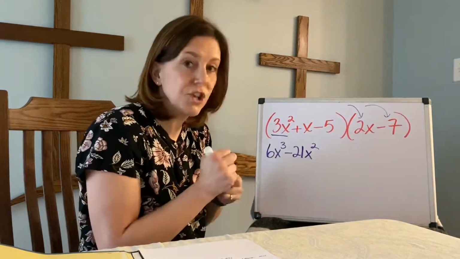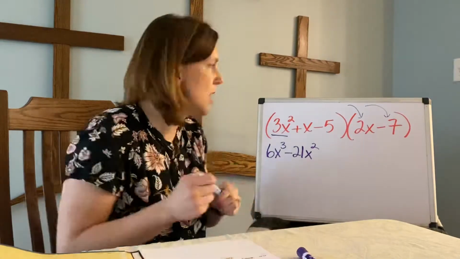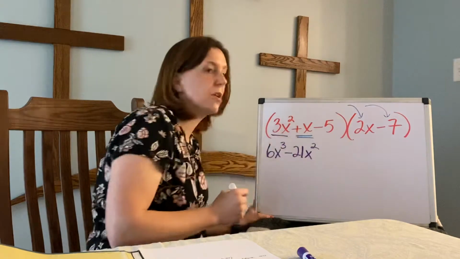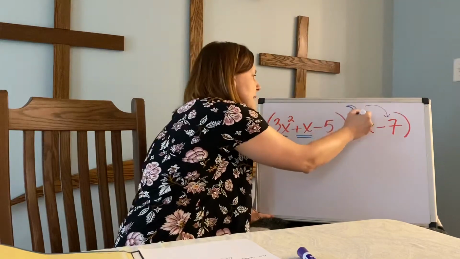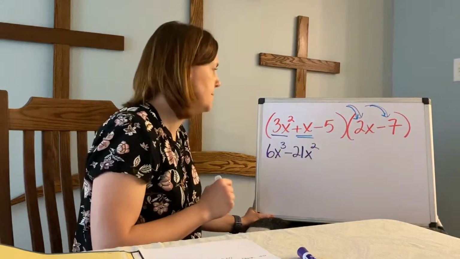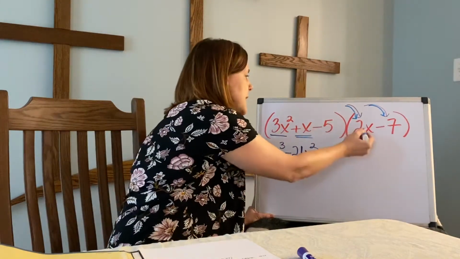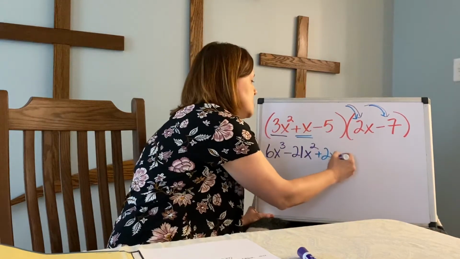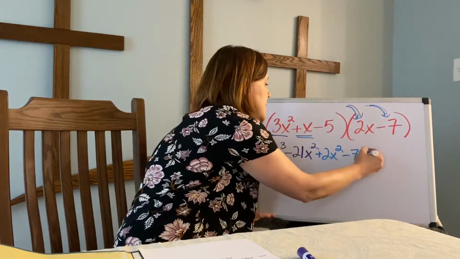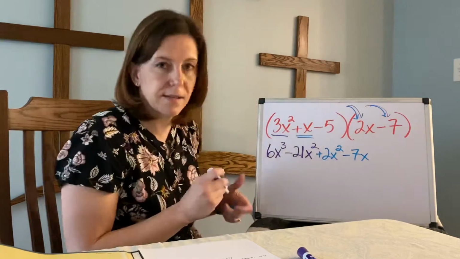I did one term of my distribution. We changed colors. Now I'm going to do the same thing with my second term. I'm going to multiply that x by both of the terms in the second quantity. X times 2x gives me positive 2x squared. X times negative 7 gives me negative 7x.